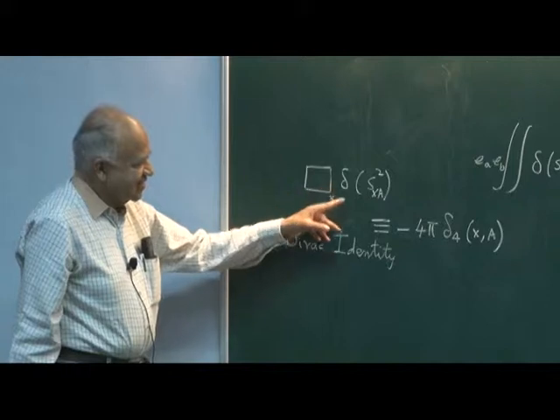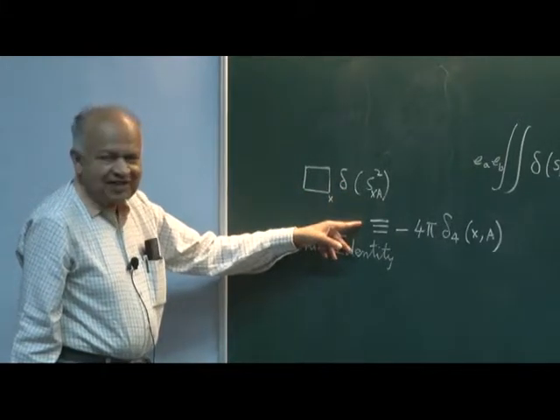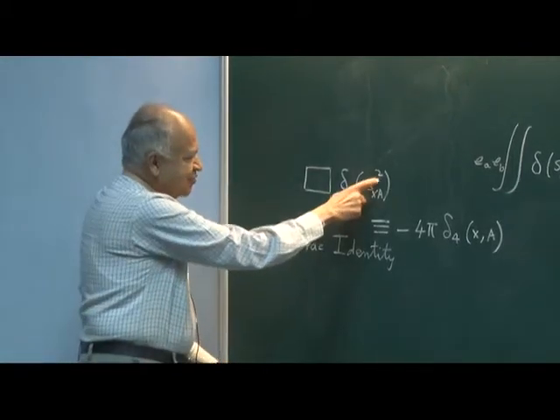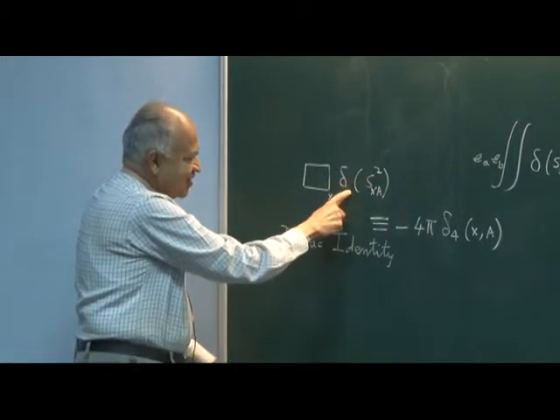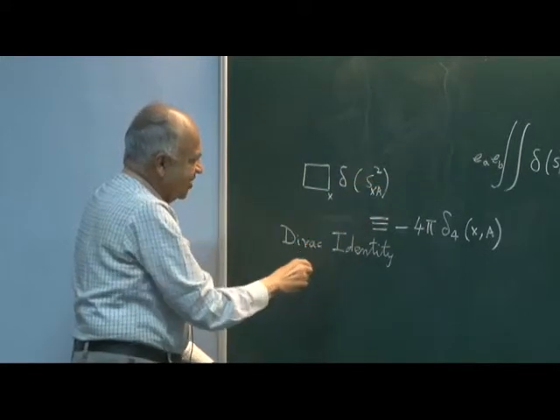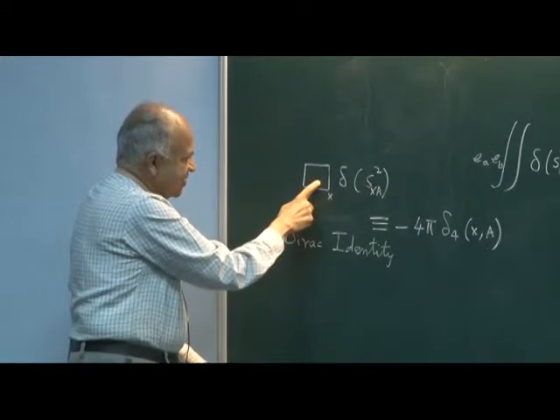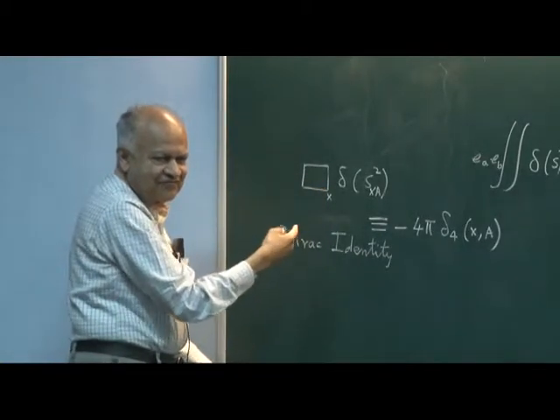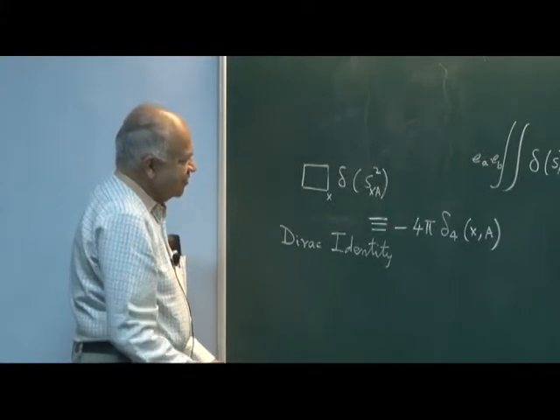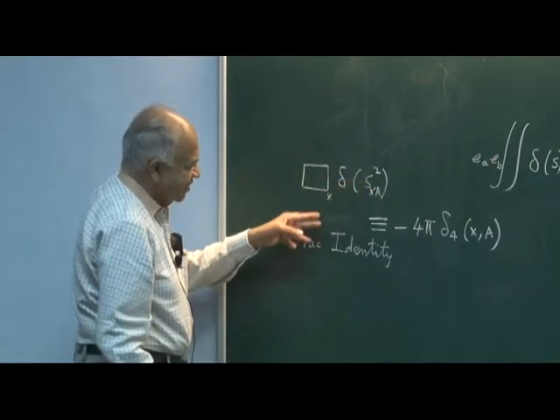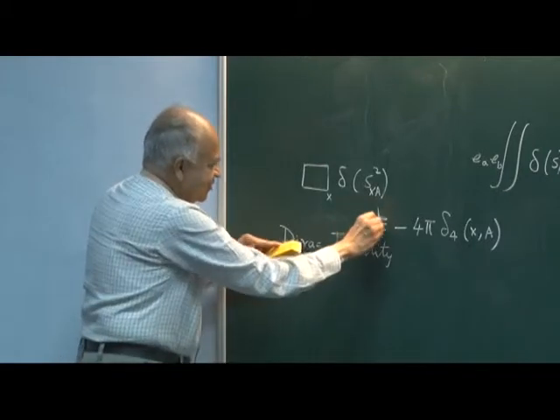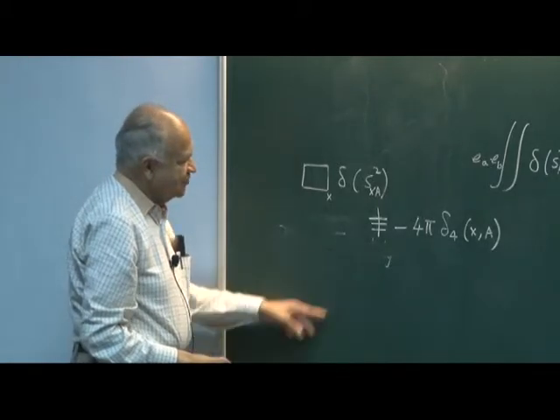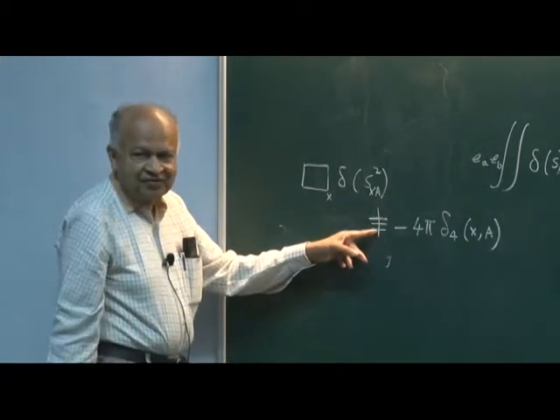Now, this result is true in flat space-time. So, you might think that if I define my curved space-time S square and put it inside the delta function and change the wave operator from flat space-time to curved space-time, which is all easy to do, and then apply this in curved space-time, you will find that this is not equal to this, that is, it does not give you such a simple result in curved space-time.